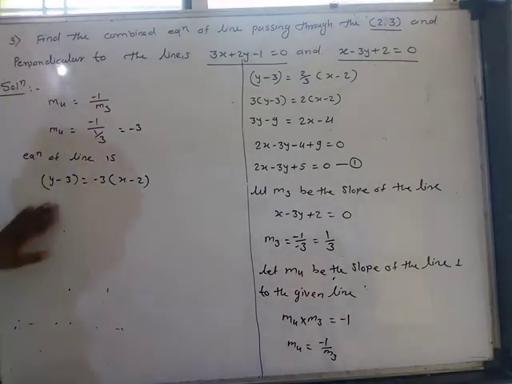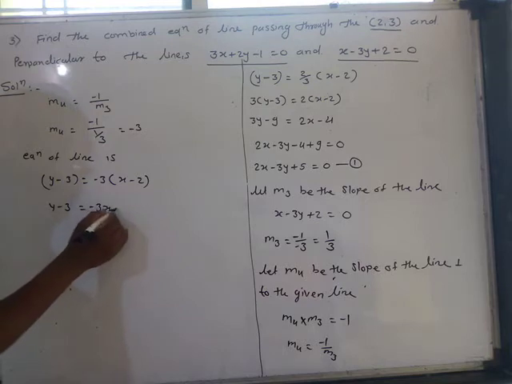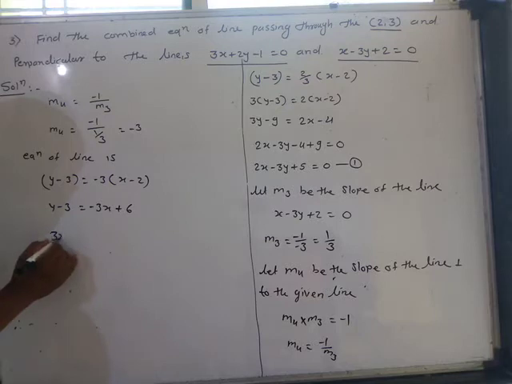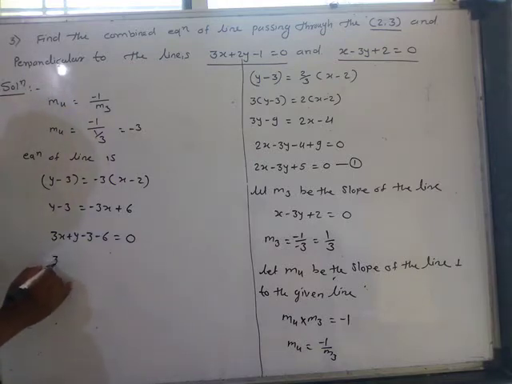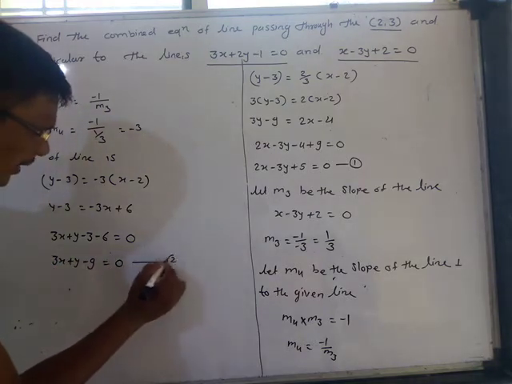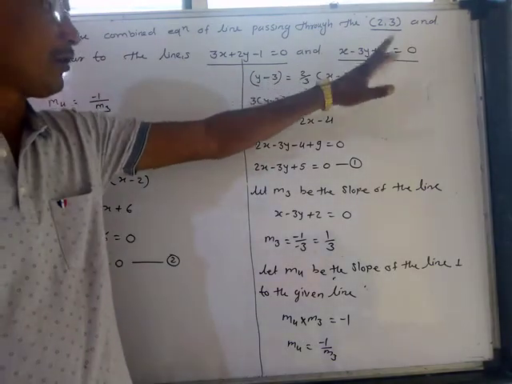Okay, so this can be written as y minus 3 is equal to -3x plus 6. So this is 3x plus y minus 3 minus 6 equal to 0. So this is 3x plus y minus 9 equal to 0. This is the required equation of the line which is passing through this point and perpendicular to this line.